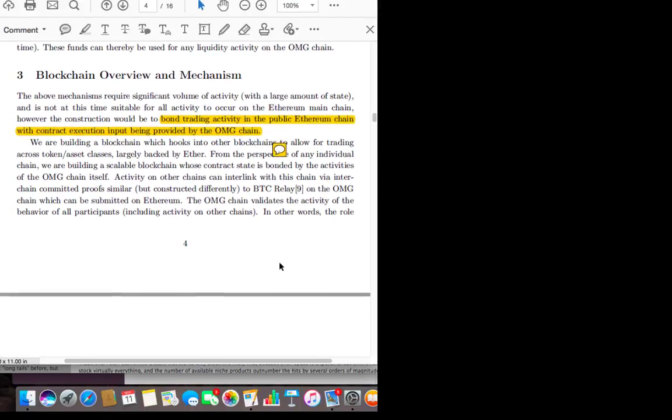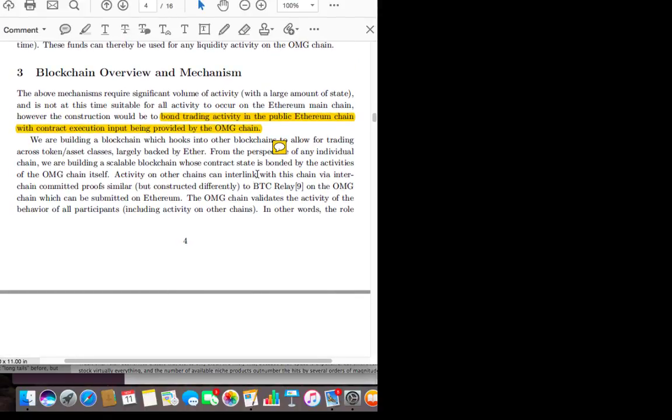Blockchain overview and mechanism. I'm going to just focus on the touch points here. They're talking about bond trading activity and the public Ethereum chain with contract execution input being input by the Omisego chain.